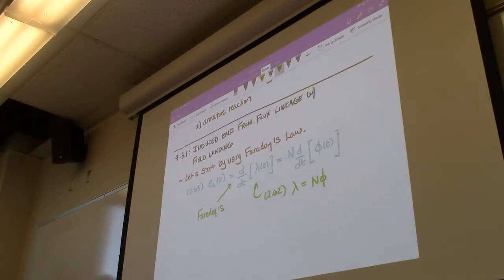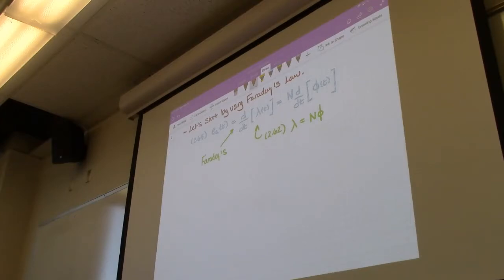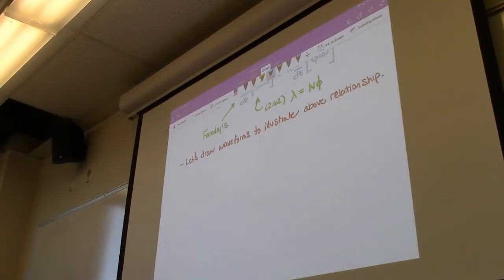Okay, so let's draw waveforms to illustrate how this derivative may work. I'm going to start off by drawing the flux.